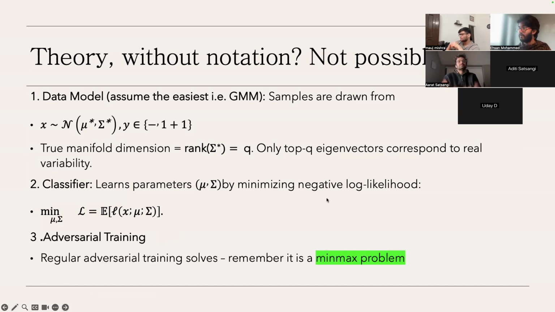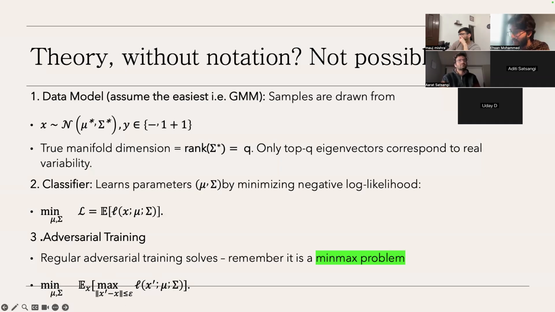We have a classifier, we do adversarial training. Remember that adversarial training is a min-max problem. Why is it a min-max problem? Because we are trying to minimize over mu and epsilon such that the expected value of the maximum loss for all these adversarial examples is minimized.